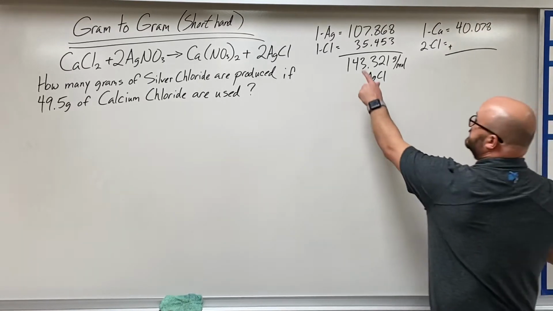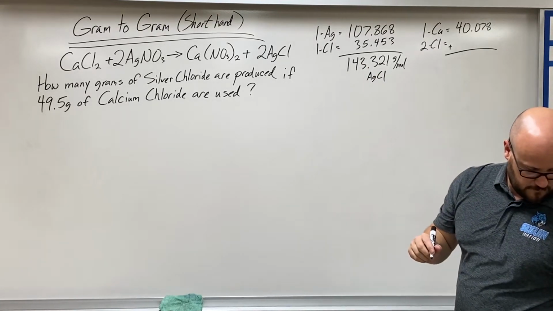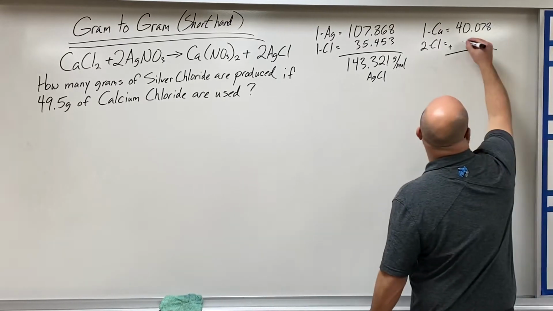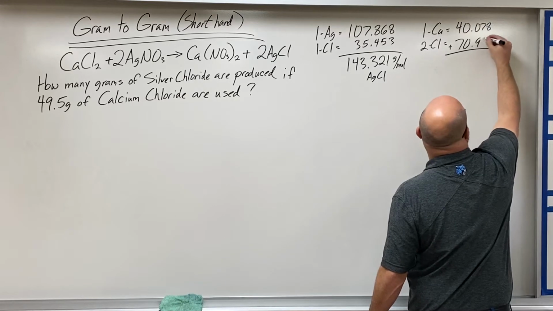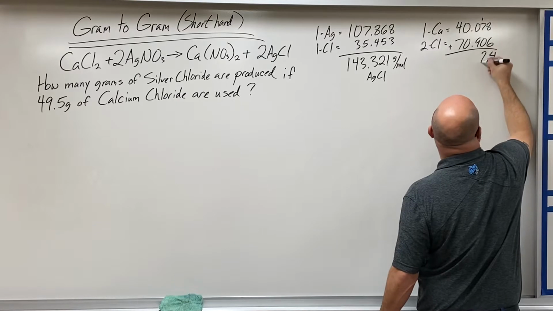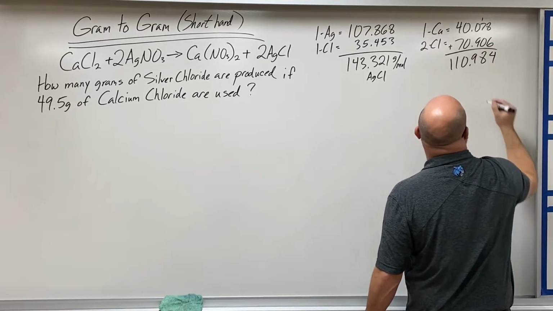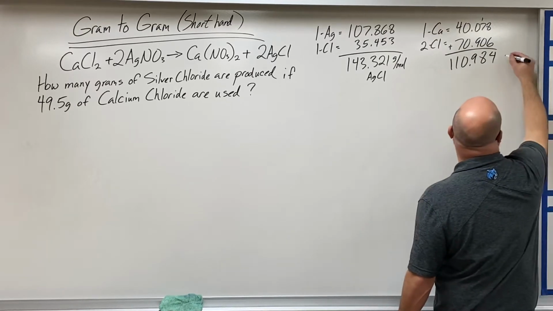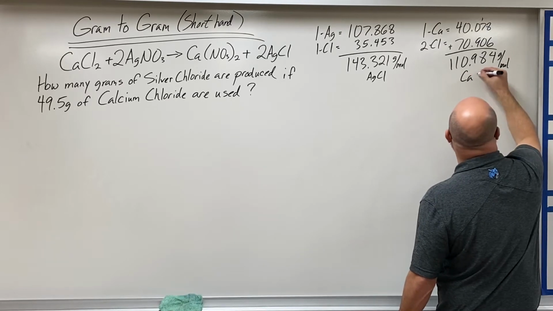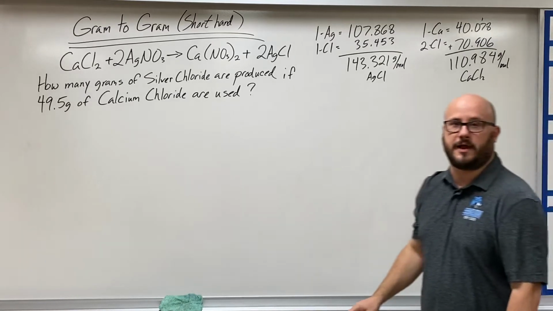Chlorine, we already know, is 35.453, but there's two. Which is 70.906. Add these together, not too difficult. 110.984 grams per mole of CaCl2.